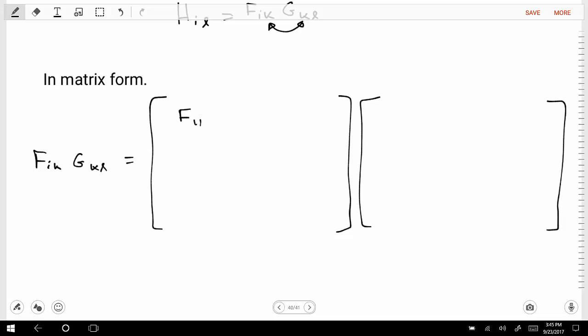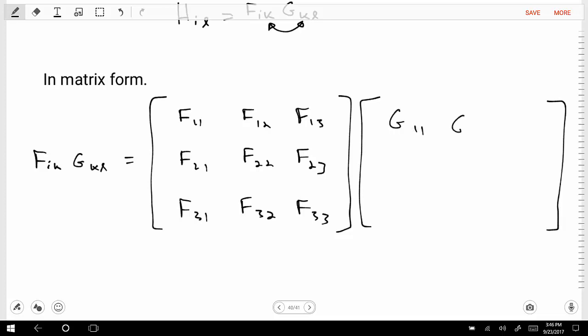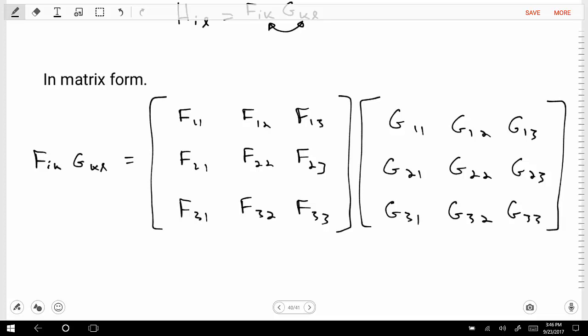F11, F12, F13, F21, F22, F23, F31, F32, F33. And let's repeat that for G. G11, G12, G13, G21, G22, G23, G31, G32, and G33.